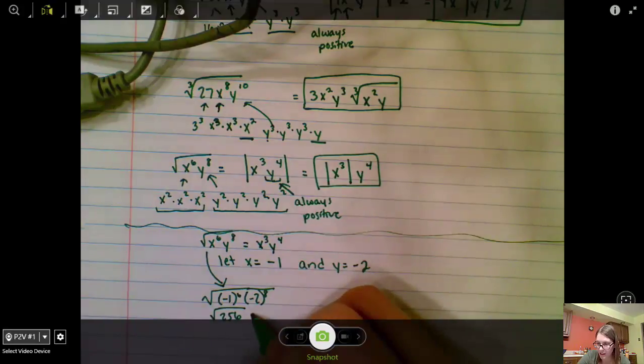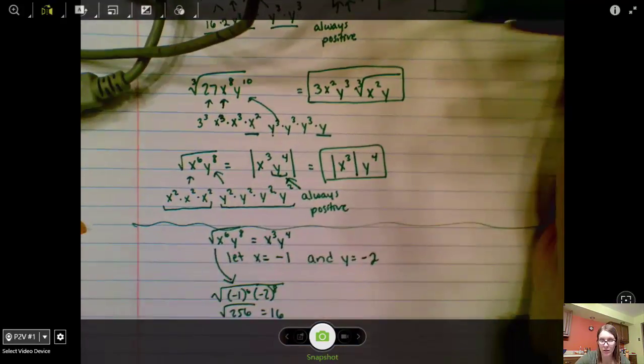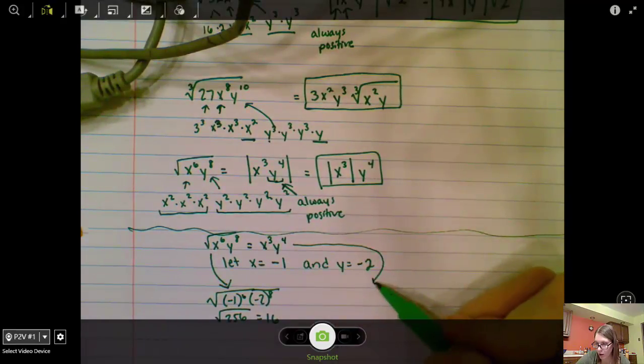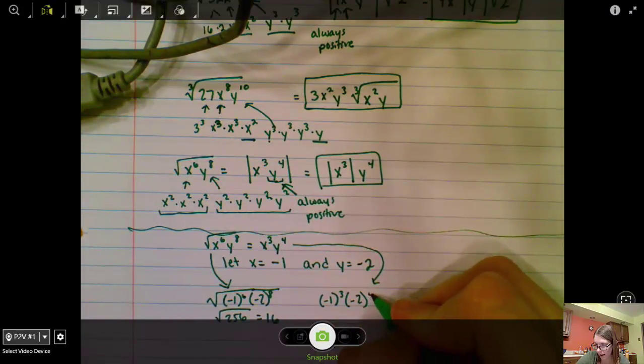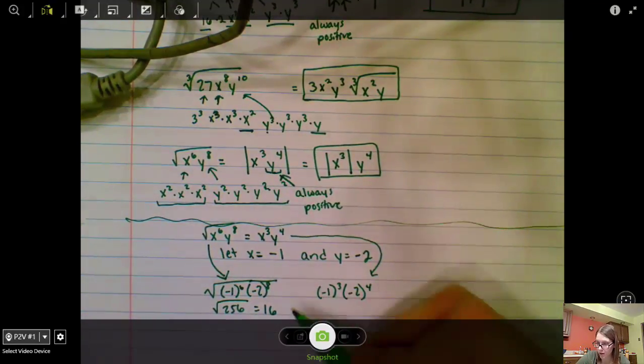And the square root of 256 is 16. Now, if I didn't have my absolute value in here at all, let's look at what we'd have. X cubed, well, -1 cubed, and -2 to the 4th power. -1 cubed is -1. -2 to the 4th is 16. That would give me -16.